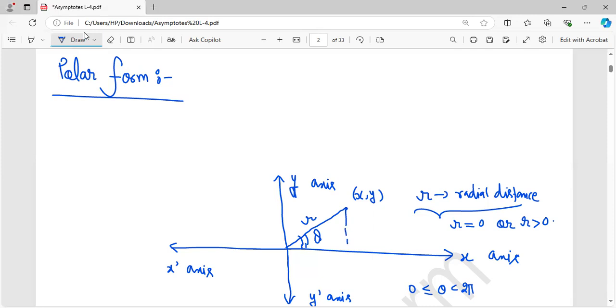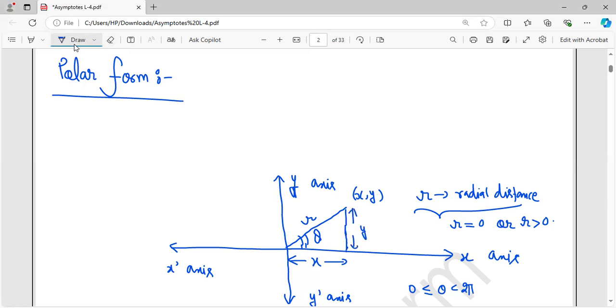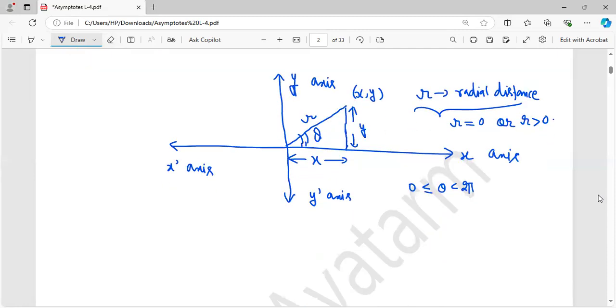So if we join this line, this is x distance and this is y distance. If we apply trigonometry here, what is cos theta?